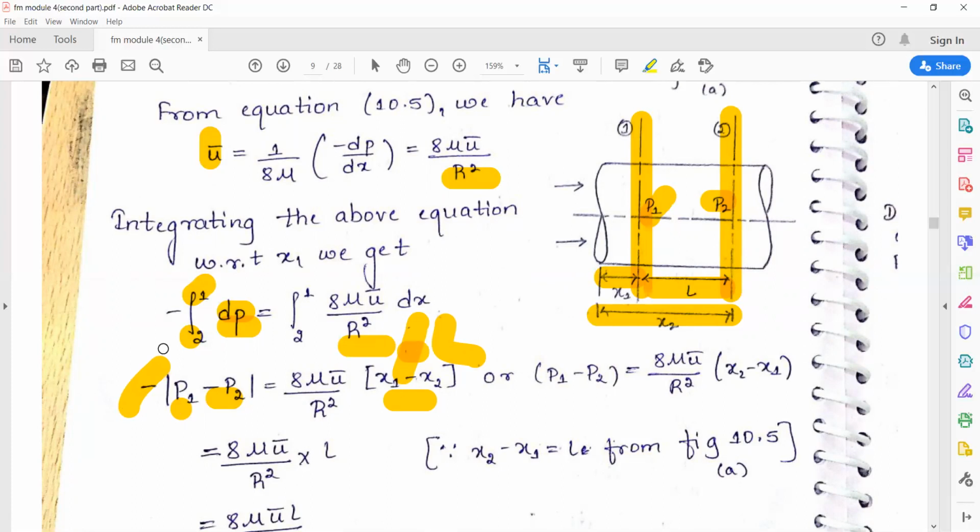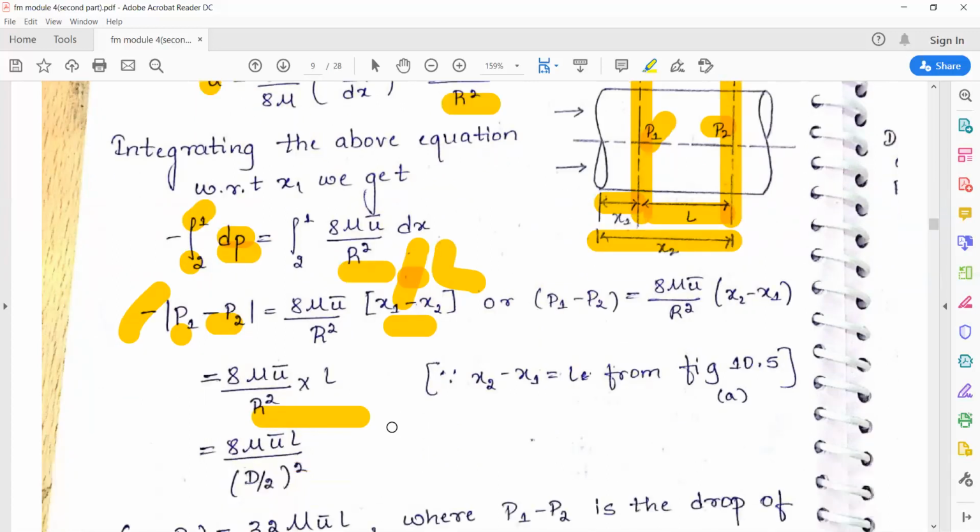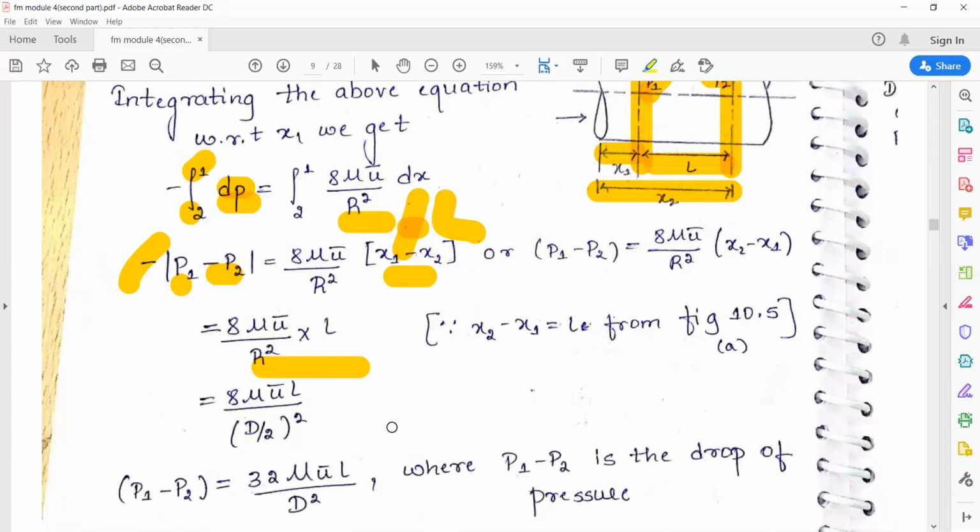Negative and negative get cancelled. So you can write P1 minus P2 is equal to 8 mu u bar by r square into capital L.